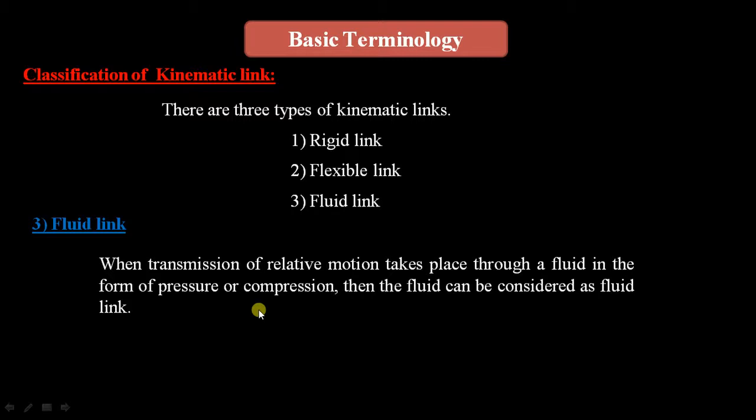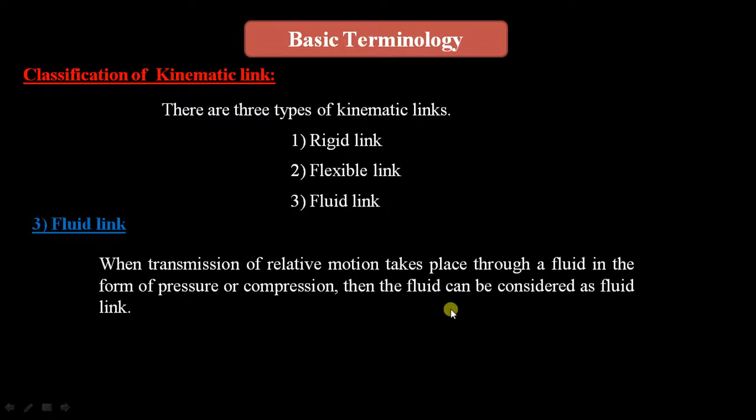That means the relative motion transmission from one part to another part is taking place through the fluid by compression or pressure distribution of the fluid. Then the fluid can be called a fluid link.